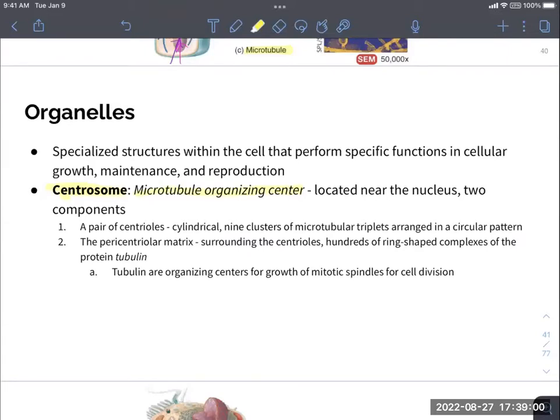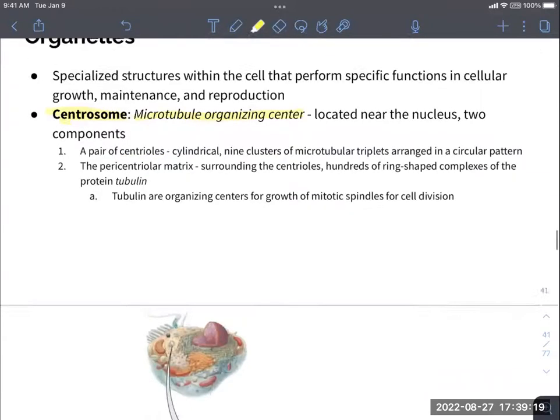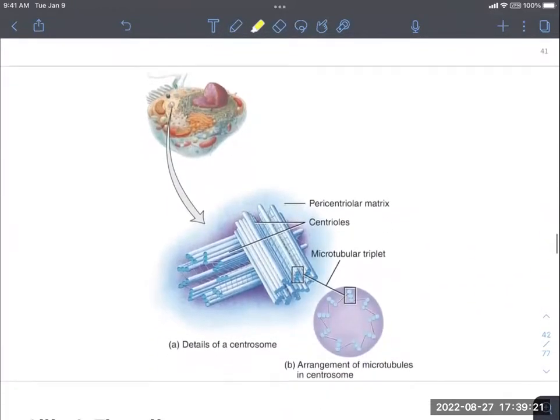And then there's a pericentriolar matrix, and that surrounds the centrioles. There are hundreds of ring-shaped complexes of the protein tubulin. These are organizing centers for growth of mitotic spindles for cell division.